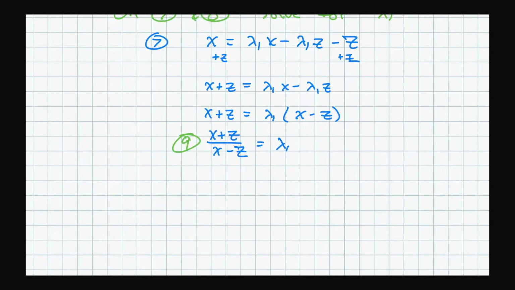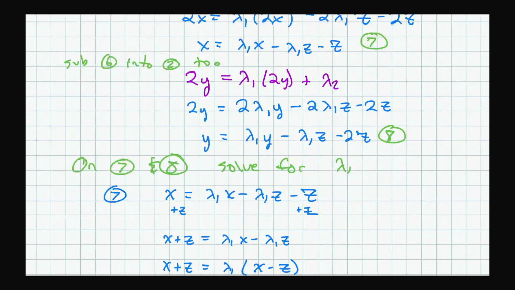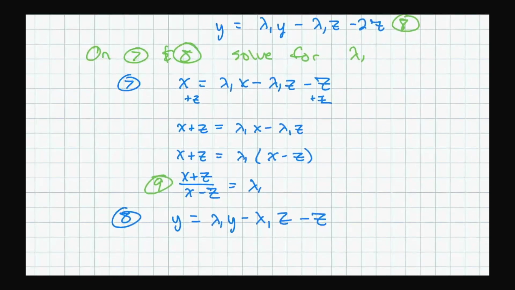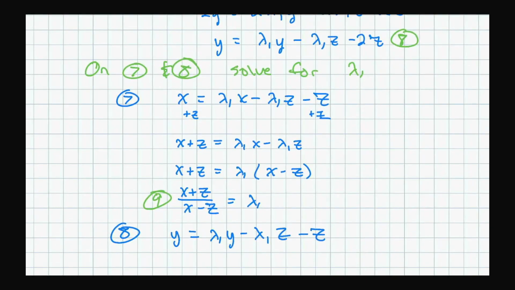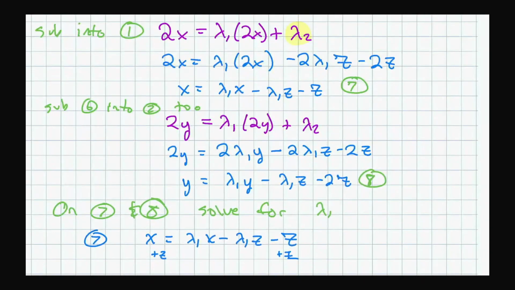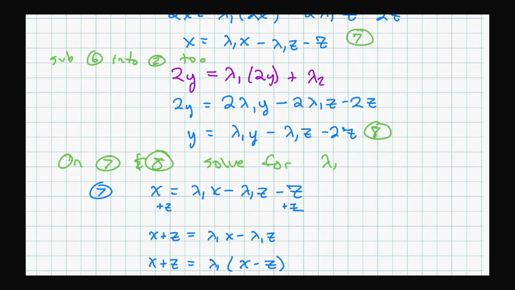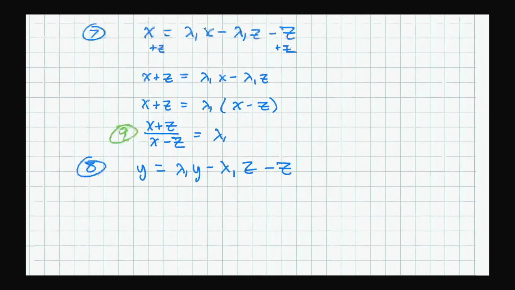Do that same exact thing for equation 8. So equation 8 is, I think, y equals lambda 1 y minus lambda 1 z minus z. Let me check. Lambda 1 y minus lambda 1 z minus 2z. Wait, is it supposed to be 2z? Oh, no, there's a typo right here on equation 8.